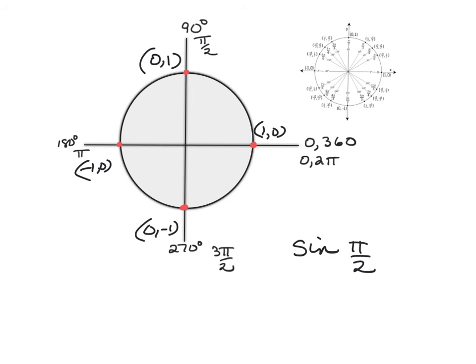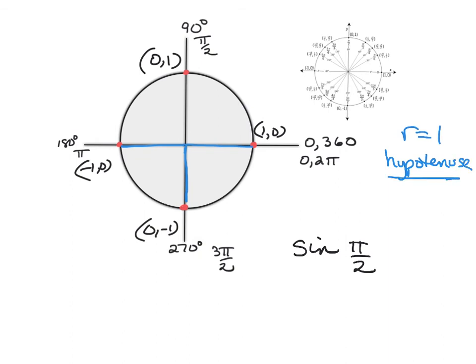Now, the whole reason why this is called a unit circle is because wherever I draw a radius, each one always is going to have a length of 1 unit. And the radius is now going to be my hypotenuse.